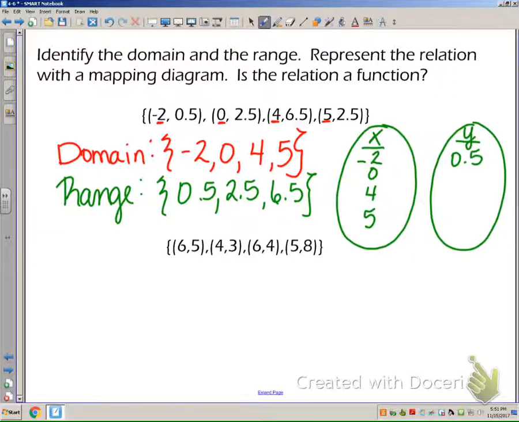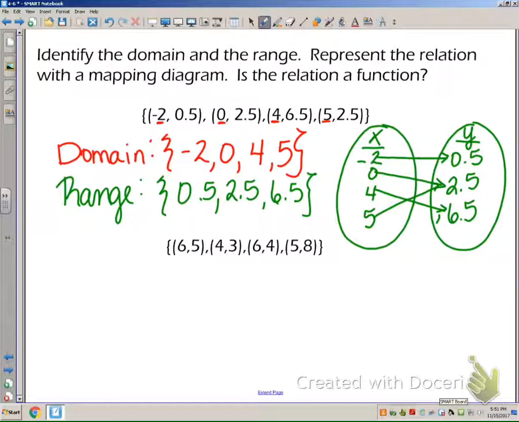So 0.5, 2.5, and 6.5. So you can see that -2 is paired with 0.5, so it gets mapped to 0.5. 0 gets mapped to its corresponding pair, 2.5. 4 gets mapped to its corresponding y value, which is 6.5, and then 5 gets mapped to 2.5.